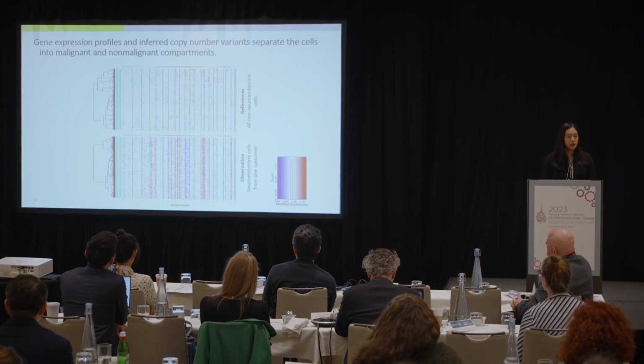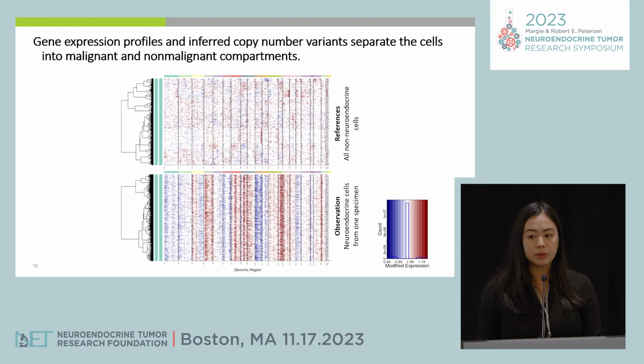So now that we've characterized the different cell types in the non-malignant compartments, we wanted to take a closer look at the malignant compartment. As I mentioned, we identified the malignant compartment through the expression of different marker genes. And then we also used inferCNV to infer copy number variants from the single nucleus profiles, as we would expect that malignant cells would have a much higher copy number burden compared to the non-malignant controls.